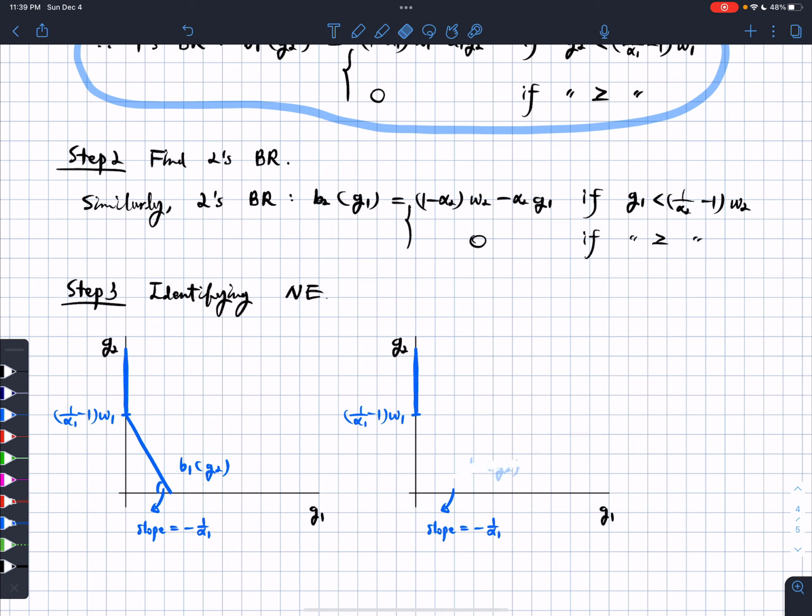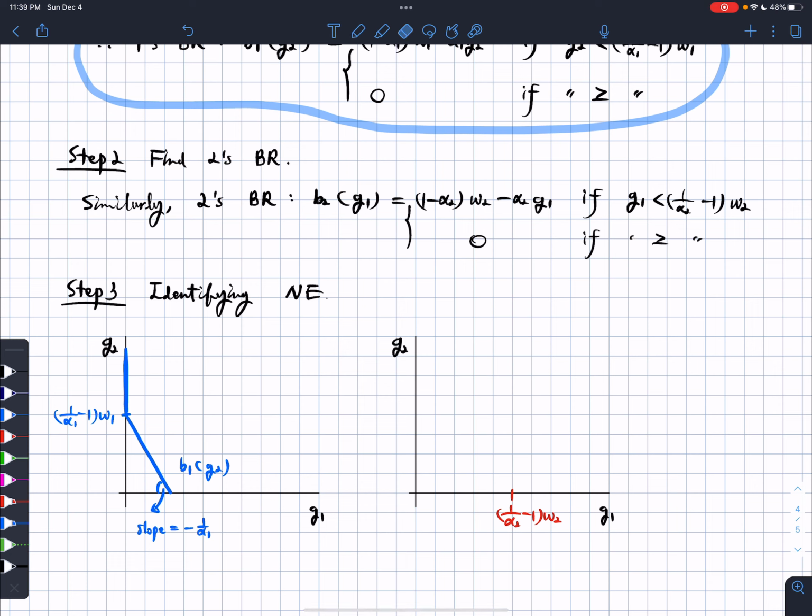Now let's plot player 2's best response. Here the question is whether G1 is larger than or smaller than this threshold, right? So let's put that threshold here, say it is here: alpha 1 over alpha 2 minus 1, times W2.